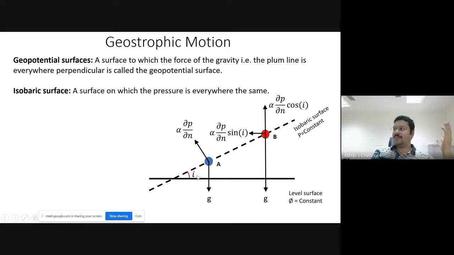This is basic trigonometry. You have two straight lines, the angle between them is I. If I draw a perpendicular line from this line and a perpendicular line from this line, and those two perpendicular lines intersect, then that angle will be the same as the original two lines. Okay, so this is basic trigonometry.